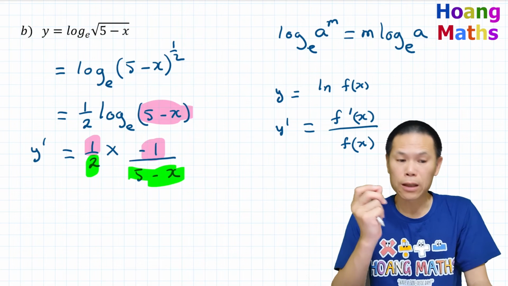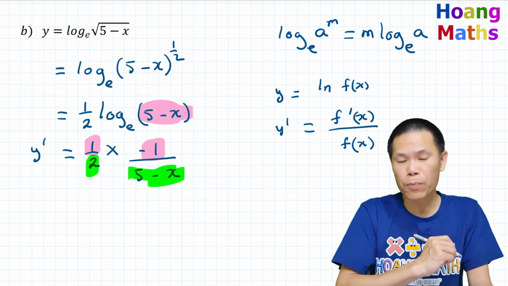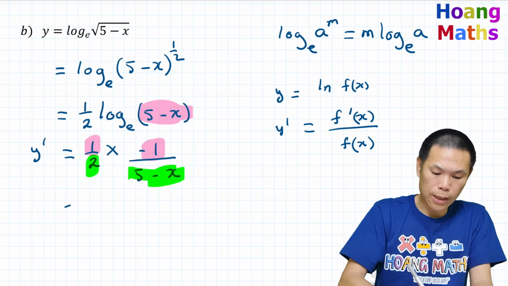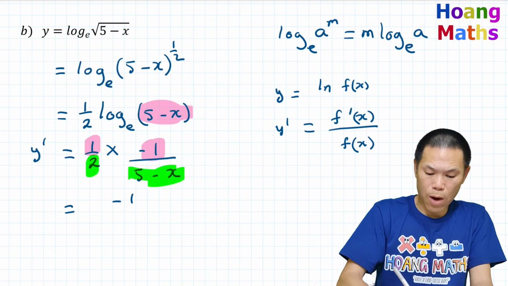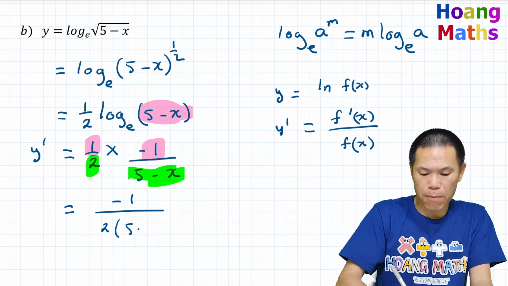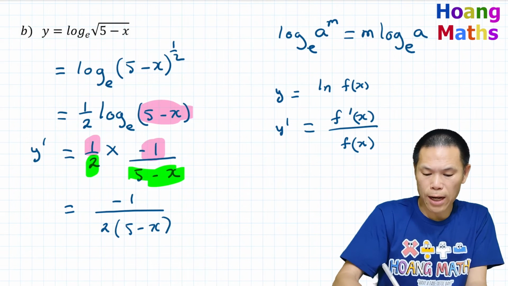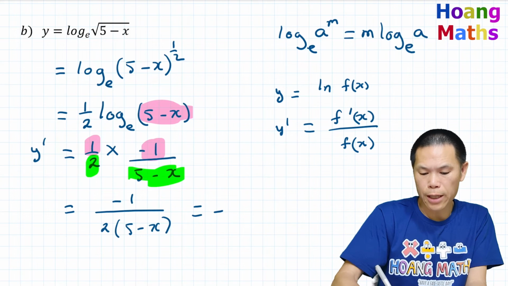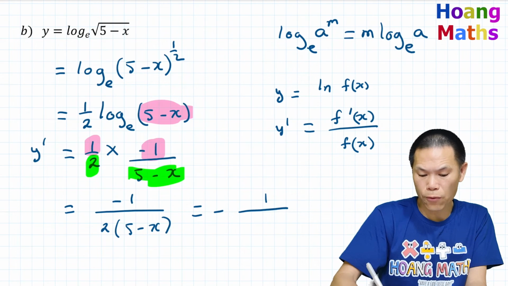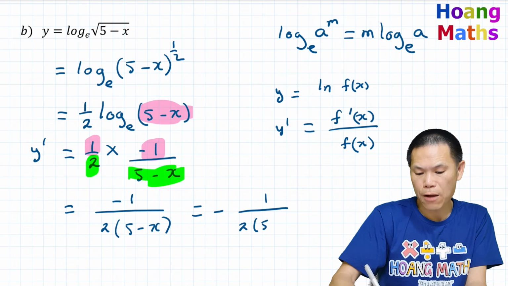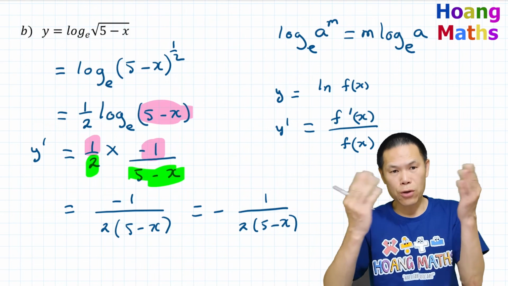So I just write in factor form. You can write in expanded form, it doesn't really matter. So that is negative 1 over 2 brackets 5 minus x. So there you go. Otherwise, you could also write like this, which is equal to negative 1 over 2 times 5 minus x. So there you go.